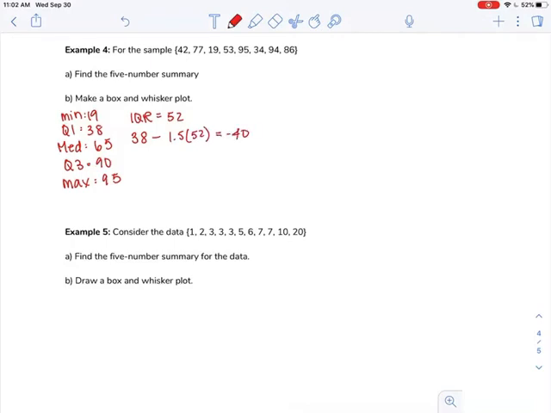And then I'm going to take my quartile 3, add 1.5 times 52, which is my IQR, and I get 168. So notice how our min and our max do not surpass these numbers. So that means we have no outliers.